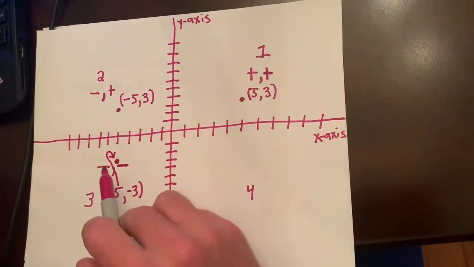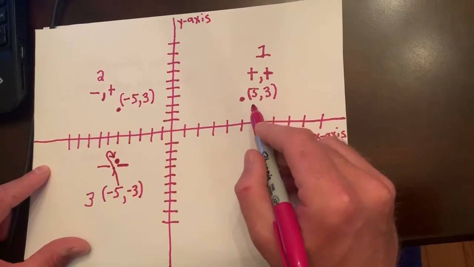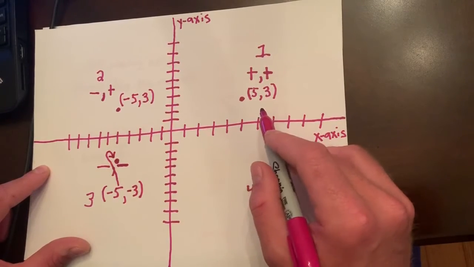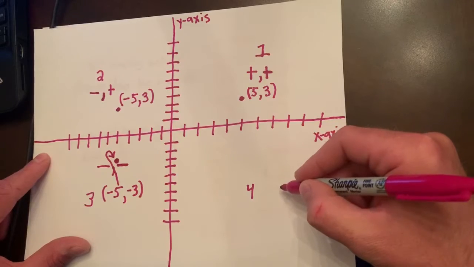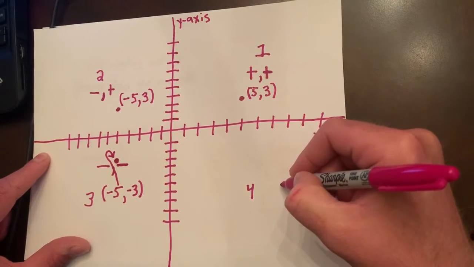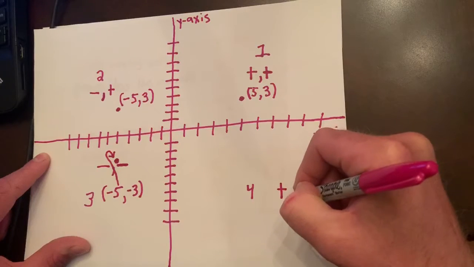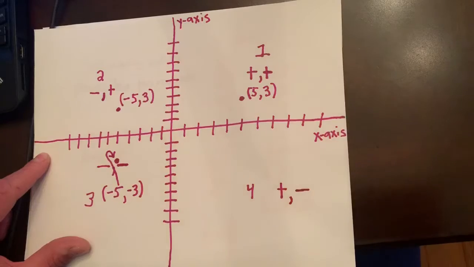Okay, now the fourth quadrant, I'm going to have an x-coordinate of 5 because I'm going to the right of the y-axis, and then I will have a negative y-coordinate, meaning that when you're in this quadrant, the x-coordinate will always be a positive, the y-coordinate will be a negative. So you get positive, negative.